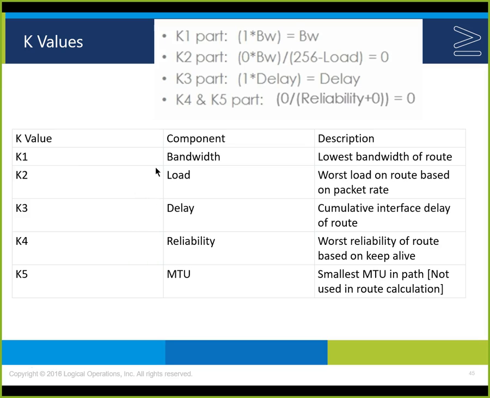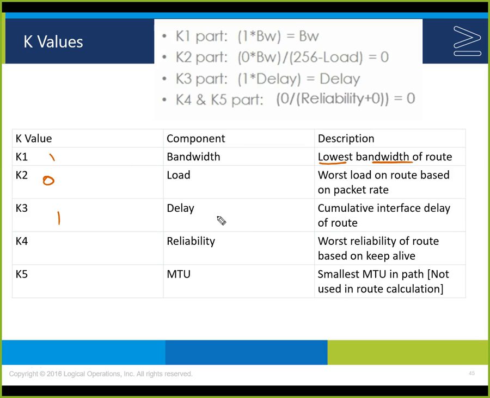This again are the components. K1, the bandwidth, uses the lowest bandwidth of the route to calculate what's going on. K2, the load, is 0. We're not going to worry about it. K3, delay, is the cumulative interface delay of the route.